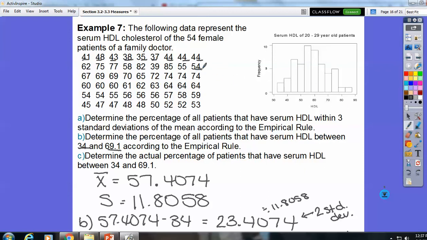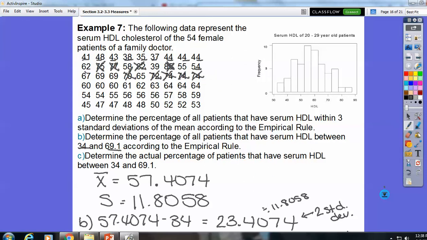Which ones do not fall in that range? My 85 is too big. 82. 75. Okay, so count up how many patients is that?